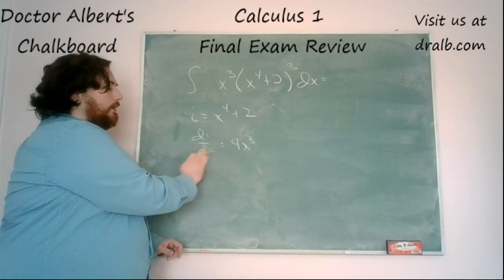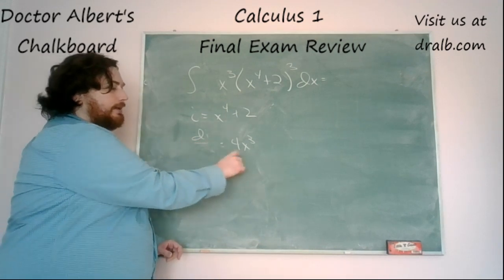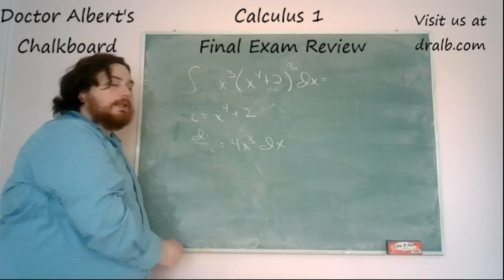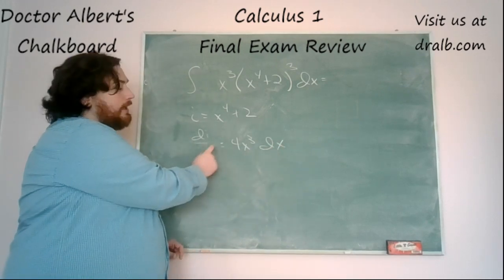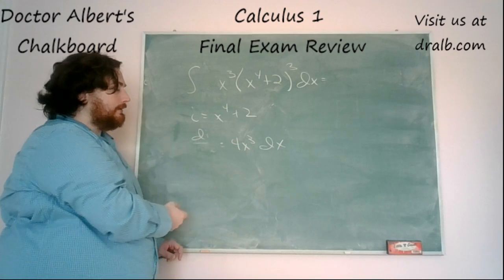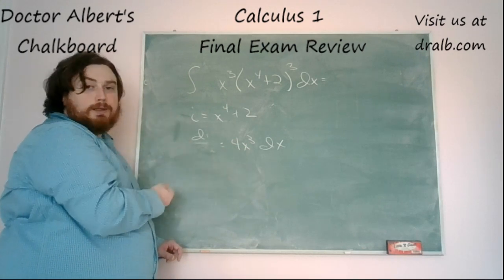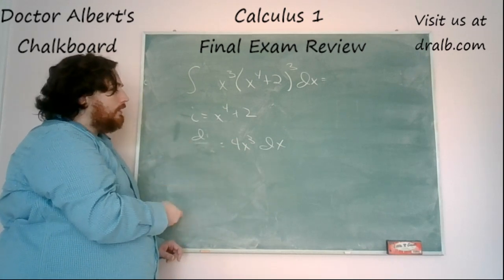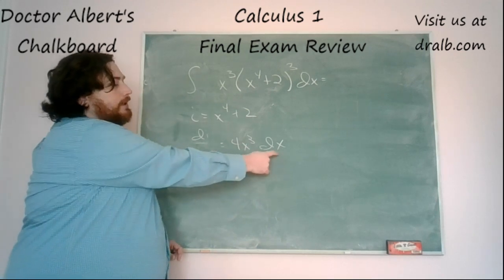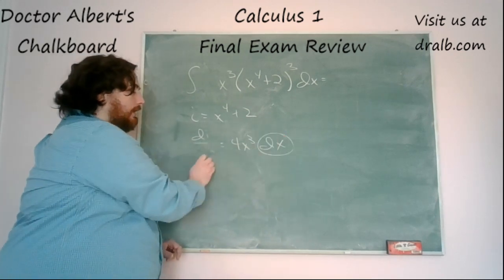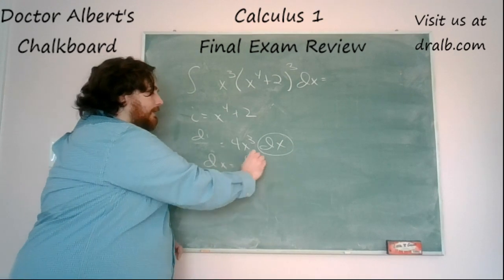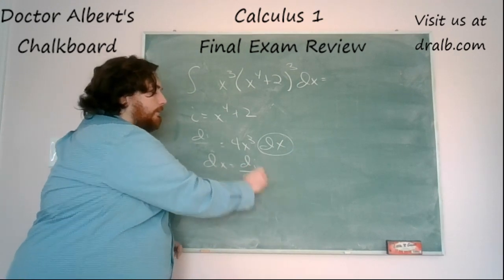And so what we wanted to take from this is that then du is 4x cubed times dx. So it's du is the derivative times dx. Now, the next thing I want to say is I'm going to solve for dx. So dx is going to be du over 4x cubed.